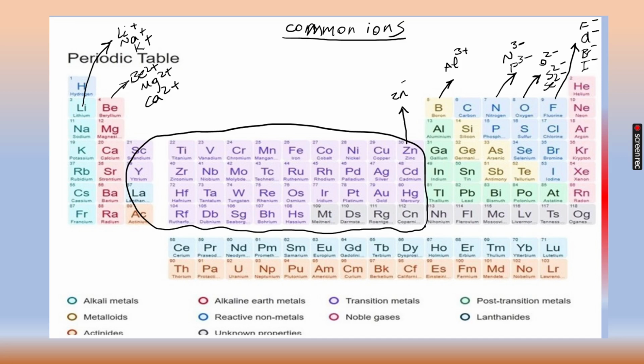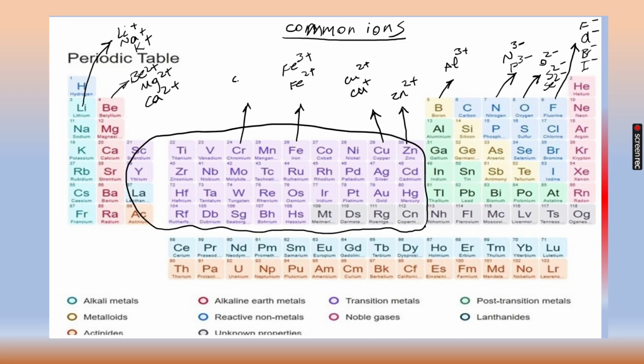Zn can create 2 positive charge. And copper, sometimes positive 1, sometimes positive 2. They are multivalent metals. We will talk about it. For example, iron 2, and iron 3.